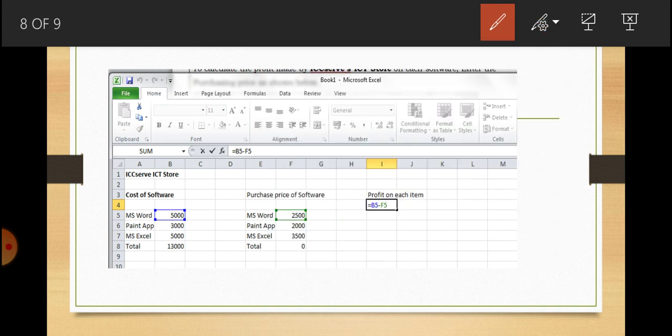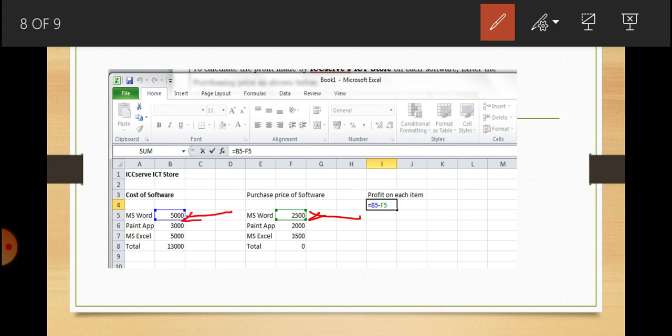To achieve the profit, we need to deduct the purchasing price of Microsoft Word from the sales price of Microsoft Word.